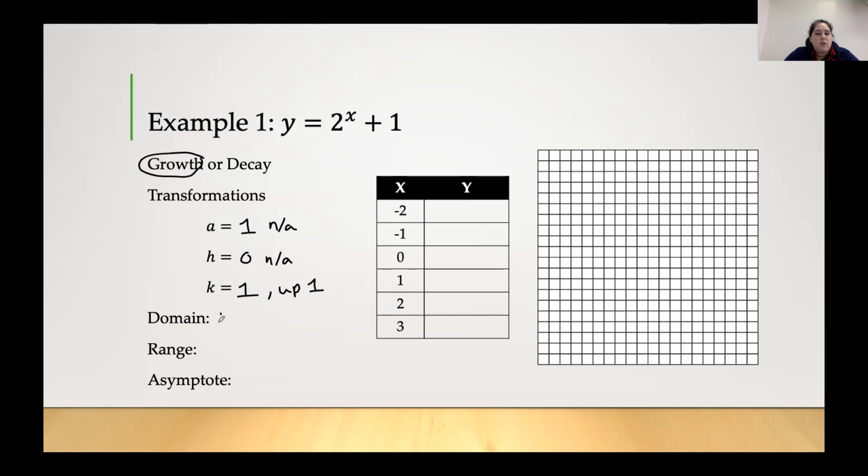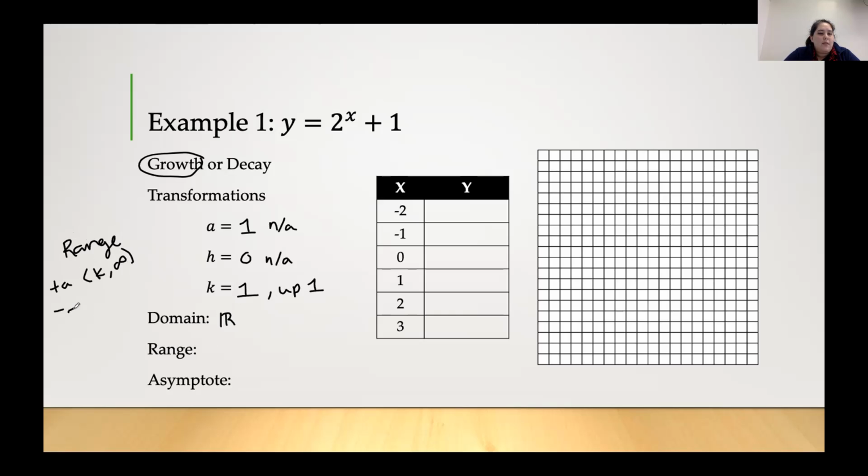Your domain is always all real numbers for exponentials unless they give us a real world situation, and then that changes. For your range, we have 2 options. If you have a positive a value, your range is from k to infinity.